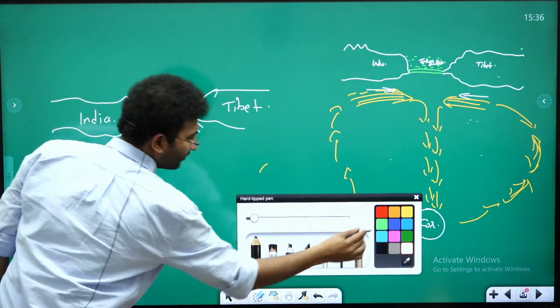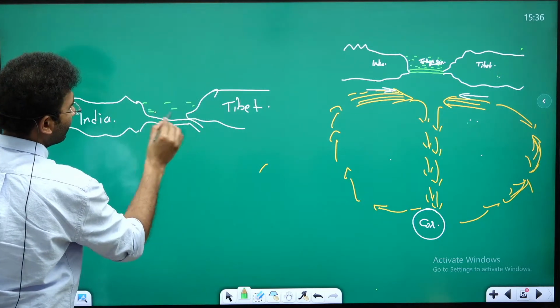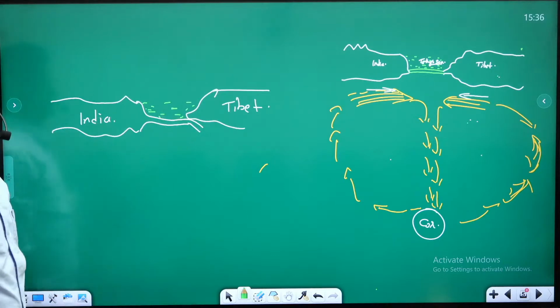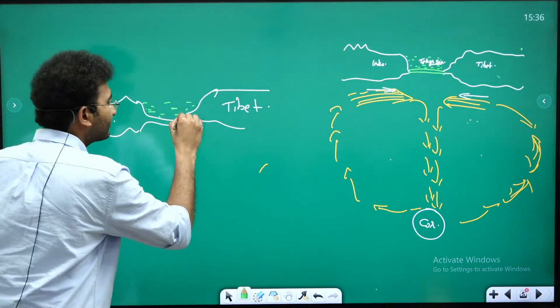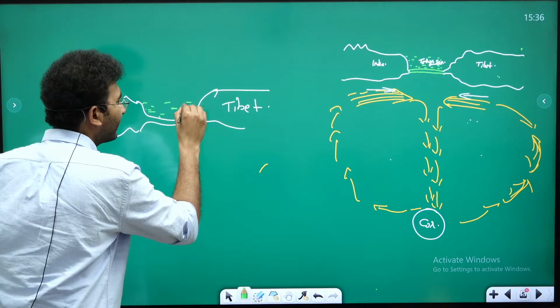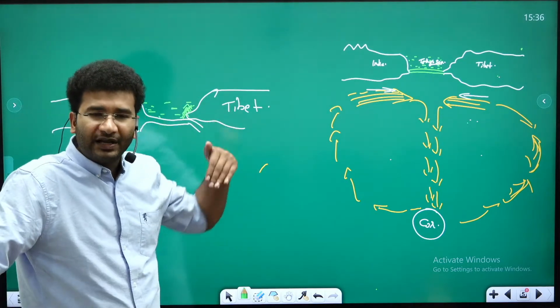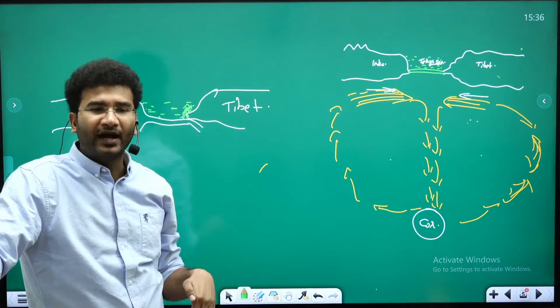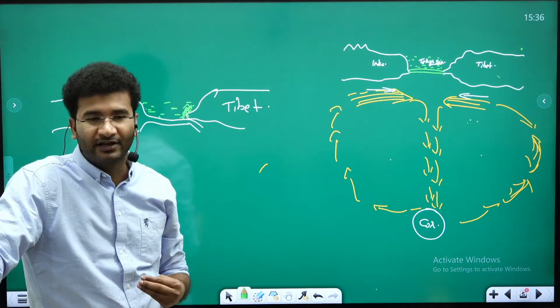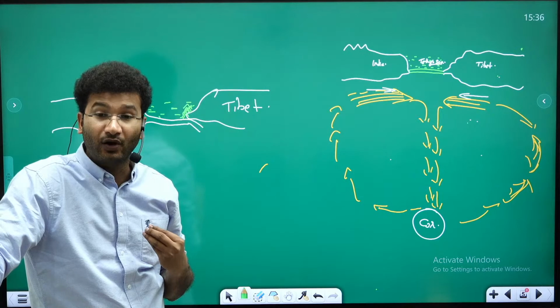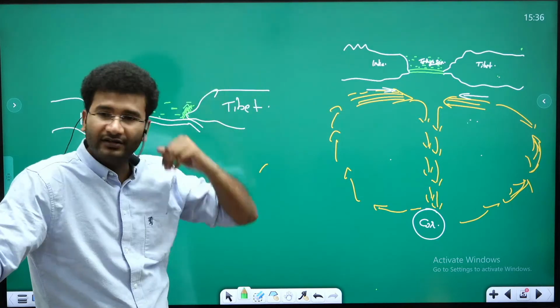So in this process, there are sediments that are being accreted here, and the Tethys plate started to sink into the mantle, and that Tethys plate will lead to the formations of volcanic activity on the Tibet.